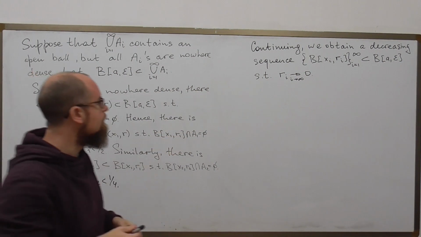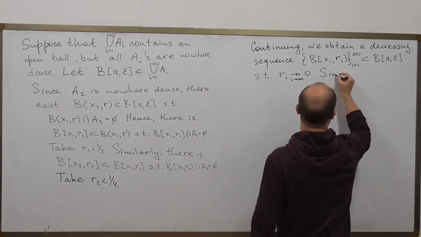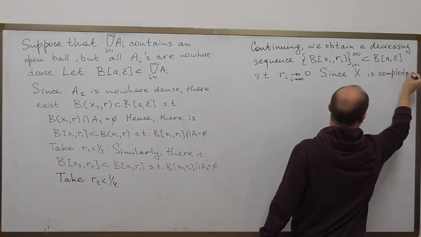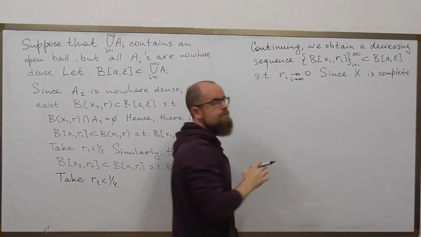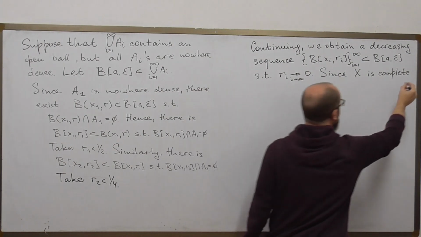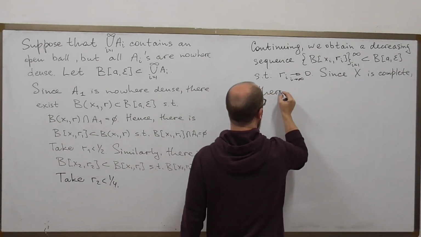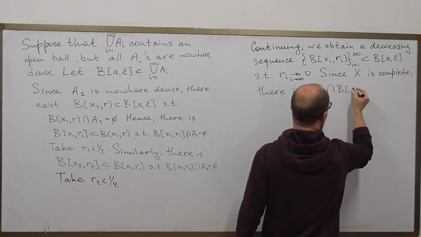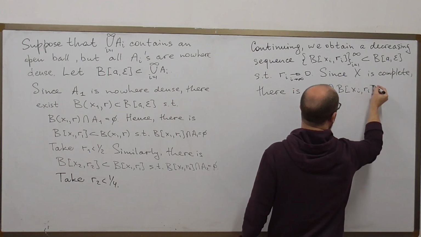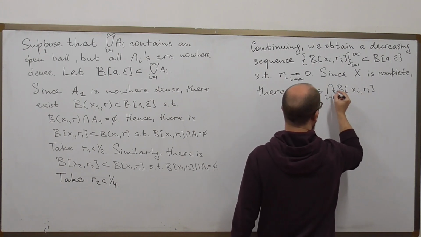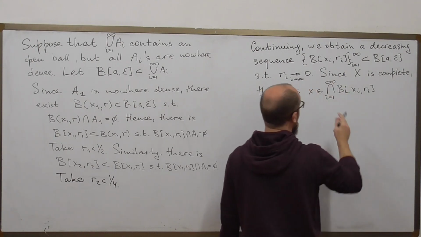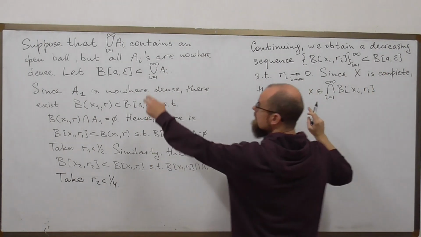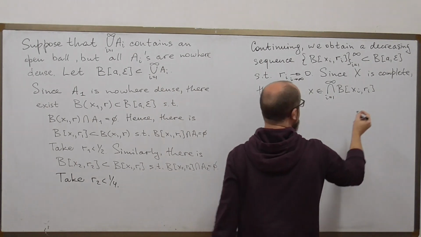Since this space X is complete, this sequence of balls has a non-empty intersection. So this point x belongs to the initial closed ball, and in particular it belongs to the union of all A_i.